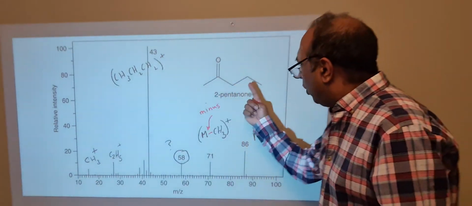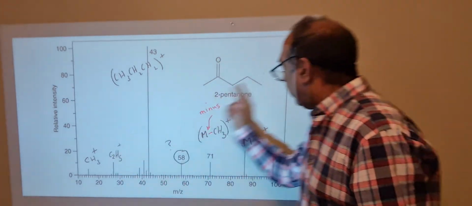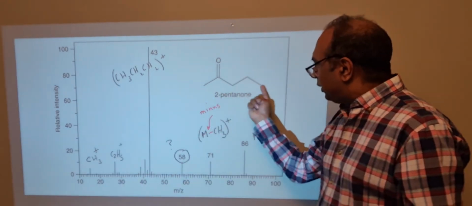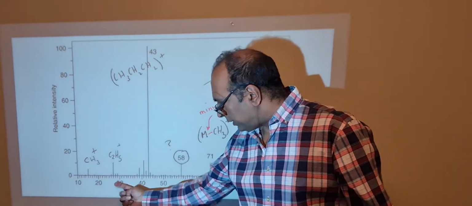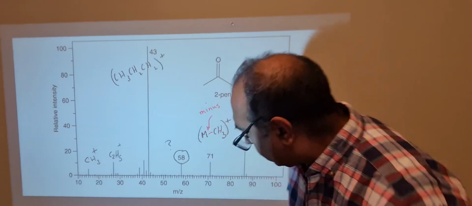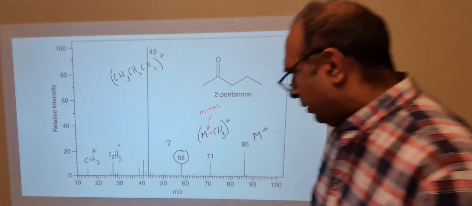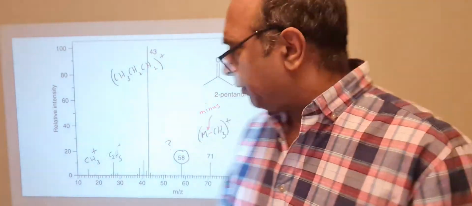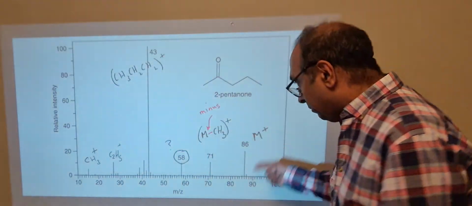What if that bond breaks there? Then C2H5, CH3, CH2, would show up, if you add those up, at 29. And I think that is 29. I find it hard to read these diagrams sometimes with my reading glasses.